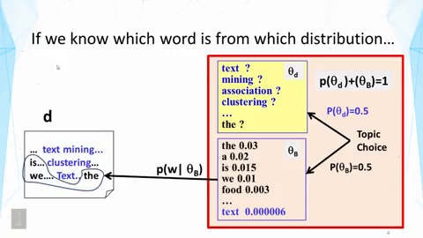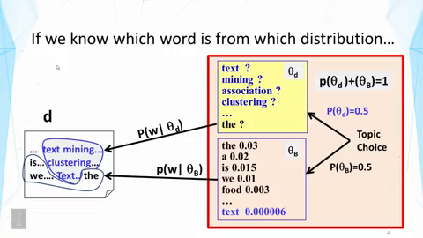So that would mean, for example, these words, the, is, and we, are known to be from this background word distribution. On the other hand, the other words, text mining, clustering, etc., are known to be from the topic word distribution. If you can see the color, then these are shown in blue. These blue words are then assumed to be from the topic word distribution.